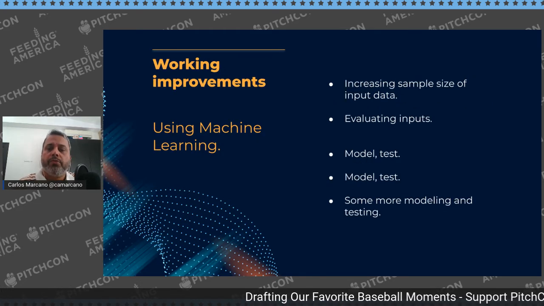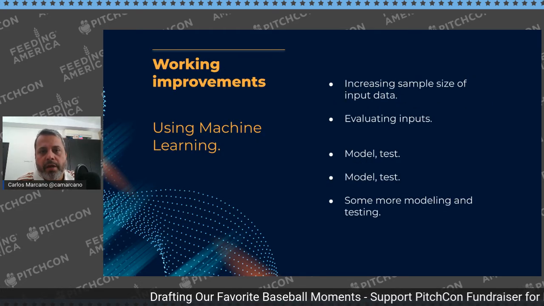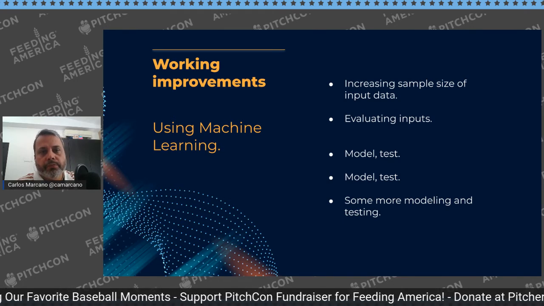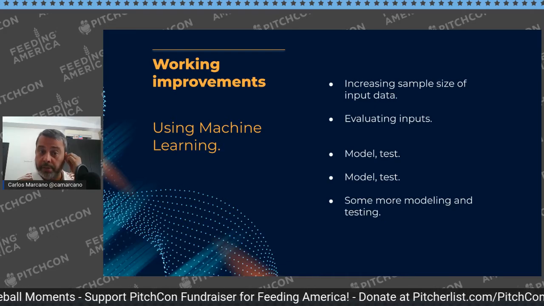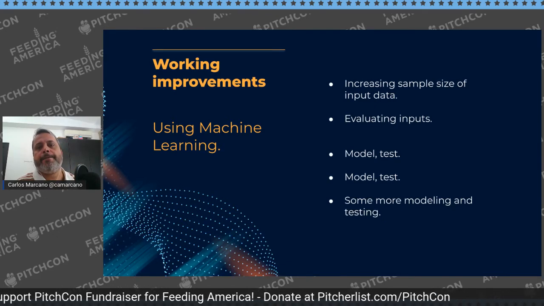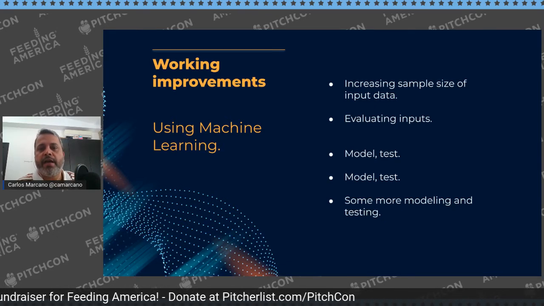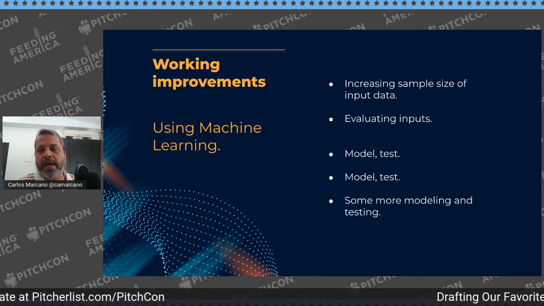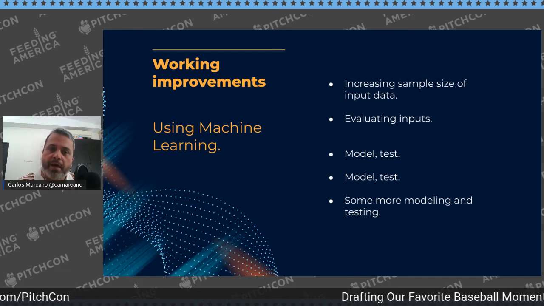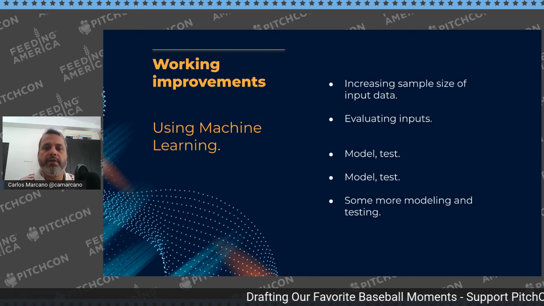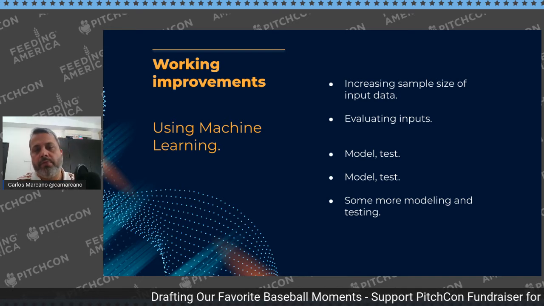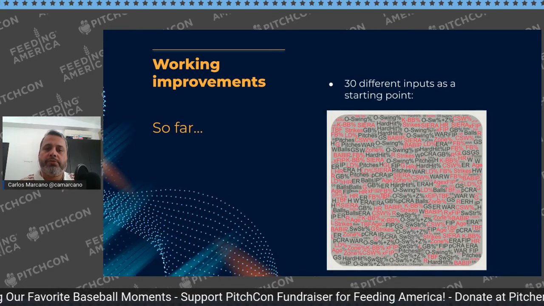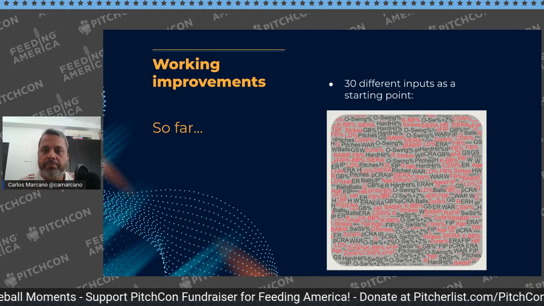So what I'm doing now, and have been doing for a while, is creating a new model. I'm using some machine learning for it, and I'm increasing the sample size of the data I'm using, and also evaluating what stats to use. The previous results that I've gotten are really encouraging.